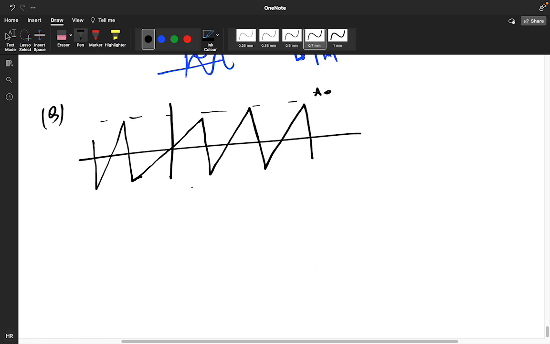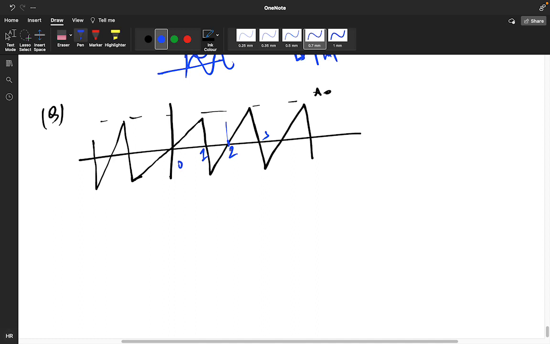So if I scale this particular signal, or you can do it directly. This is your a0 value. This is 0, this is 1, then 1, 2, and 2, 3.